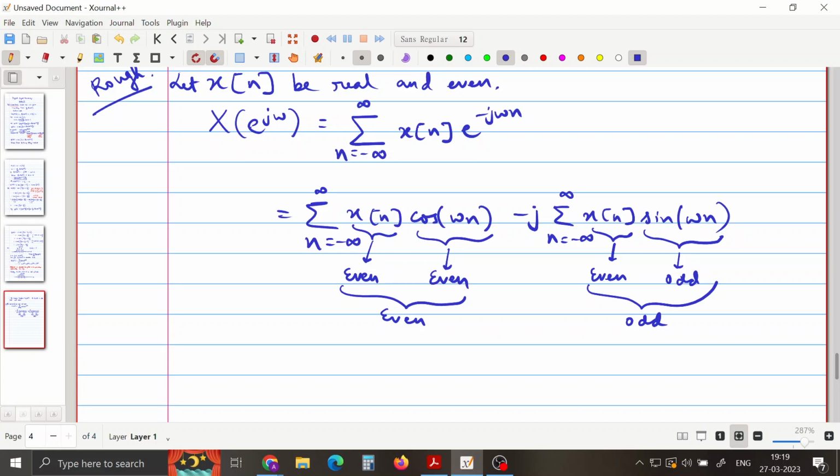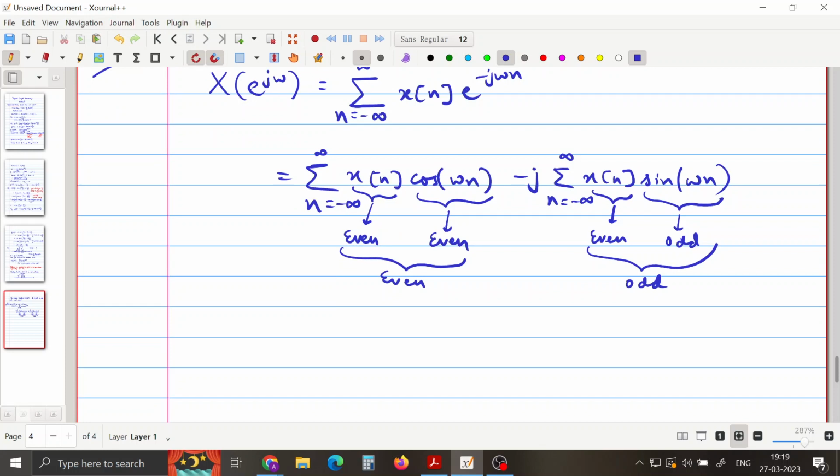And now you see, this whole term is an odd function, the product.